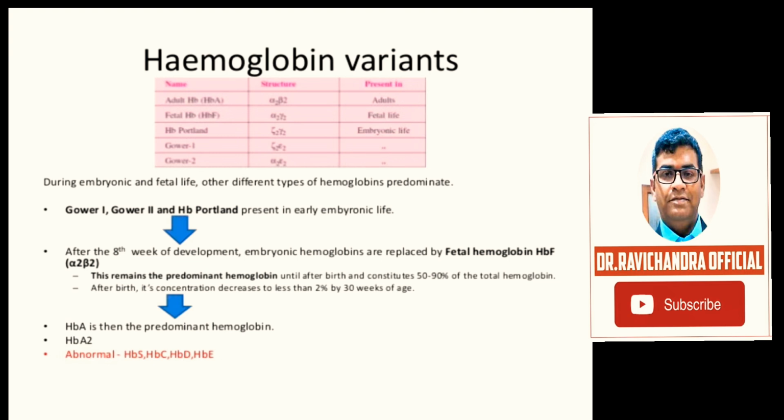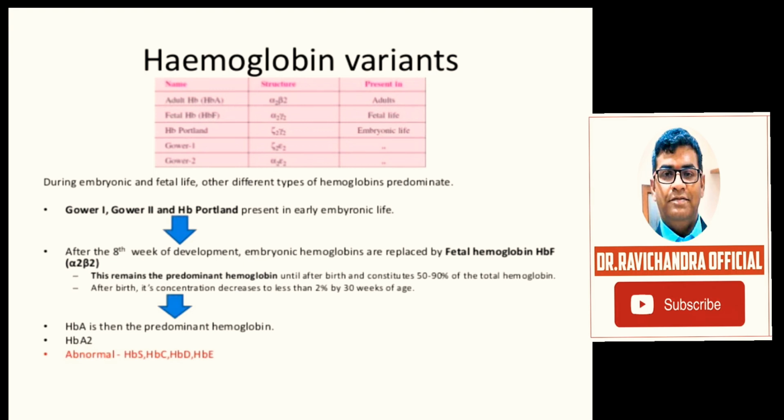During the embryonic and fetal life, different types of hemoglobins predominate. Gower 1, Gower 2 and hemoglobin Portland are present in early embryonic life. After the 8th week of development, these embryonic hemoglobins are replaced by fetal hemoglobin, HbF, consisting of alpha 2 and gamma 2 chains.